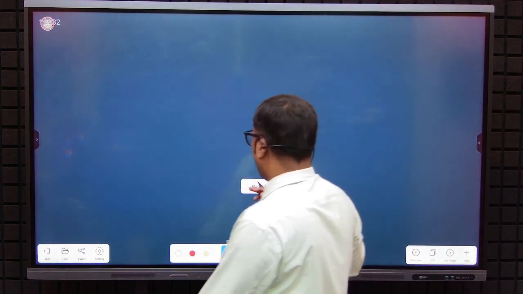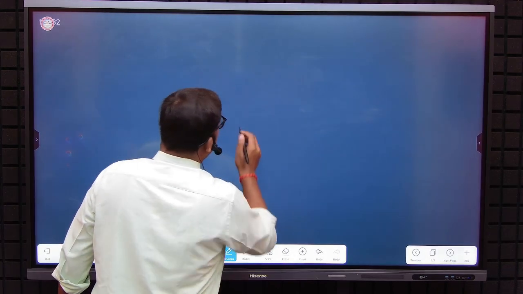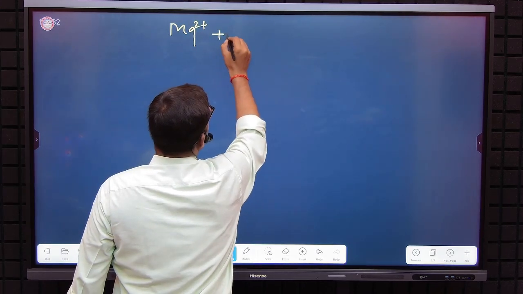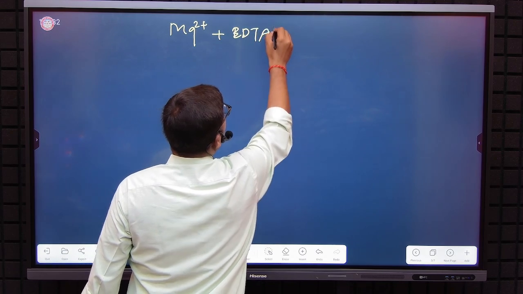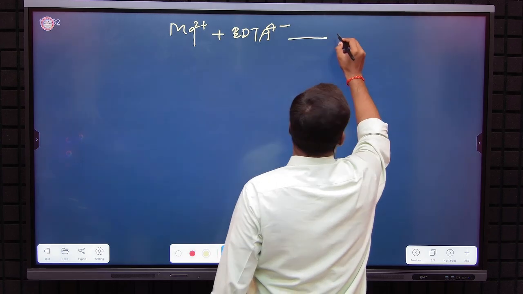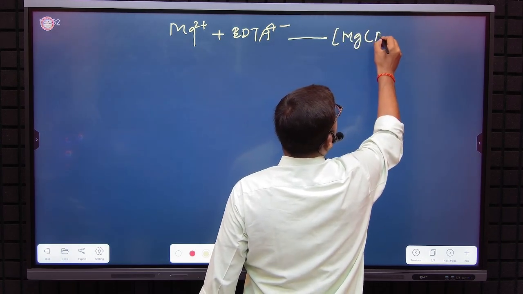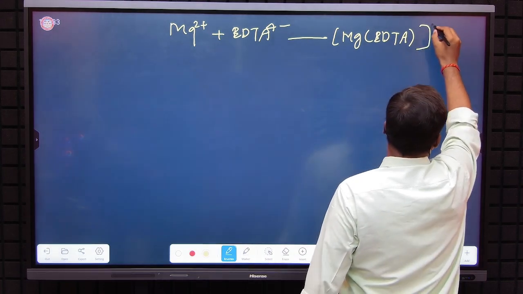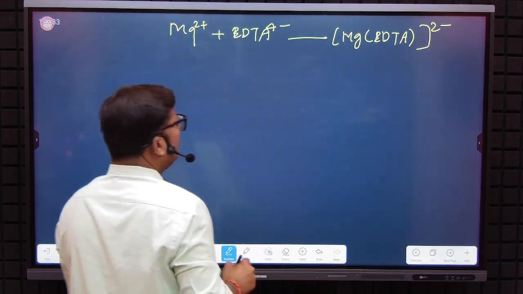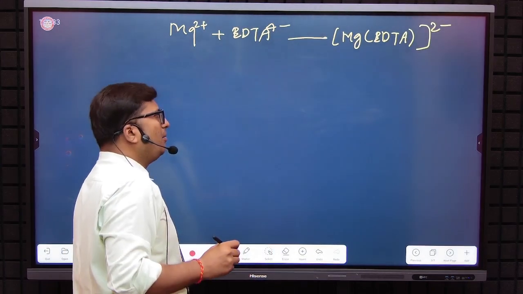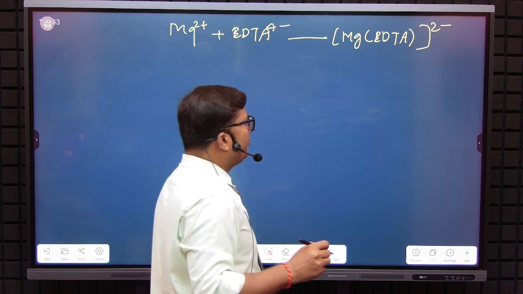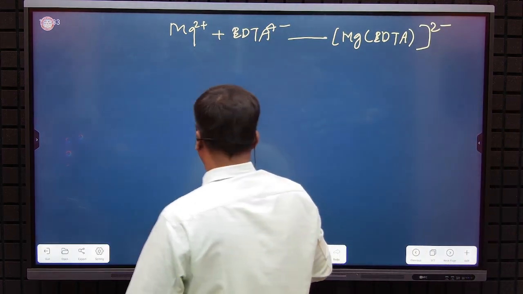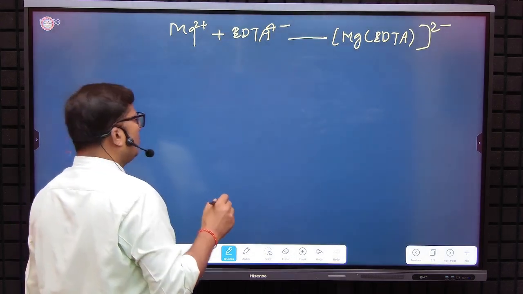Now the structure of Mg2 plus EDTA 4 minus: Mg2 plus plus EDTA 4 minus form Mg EDTA overall with 2 minus charge. So Mg is the central metal in a divalent form, and EDTA exists as EDTA 4 minus. Now how does the complexation form?